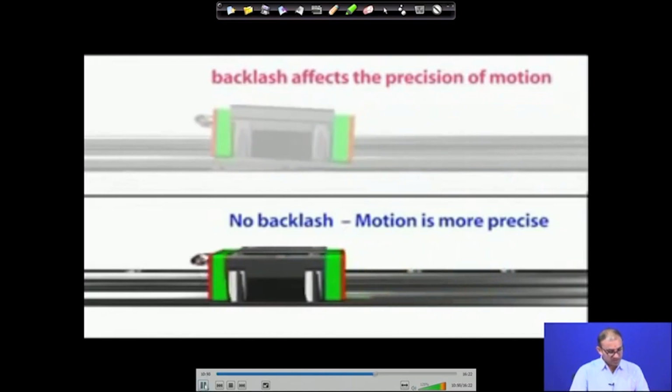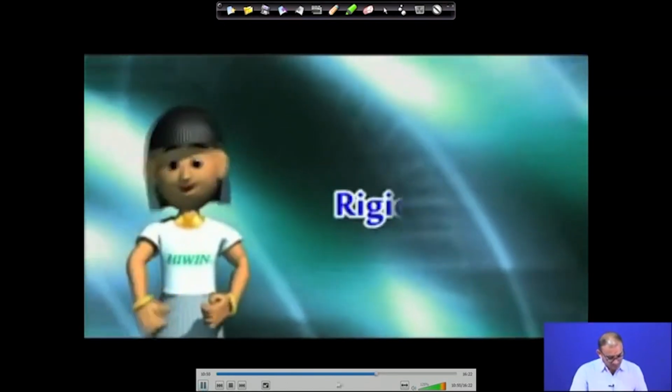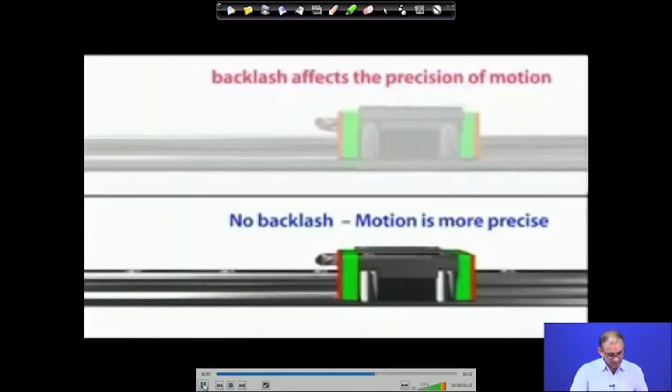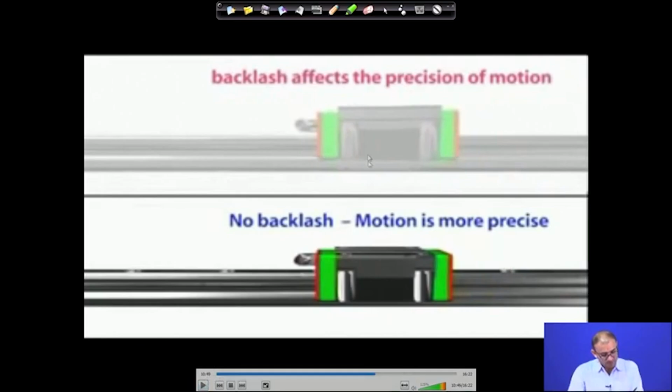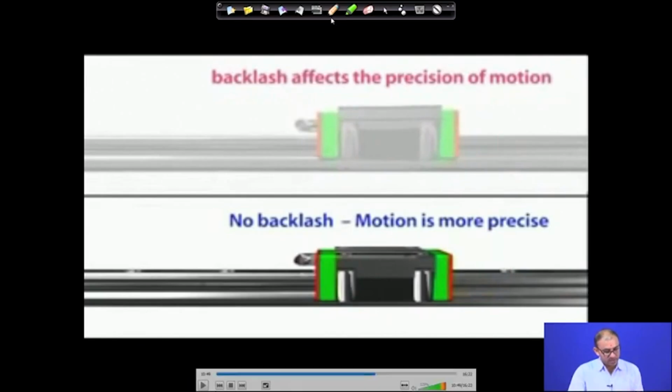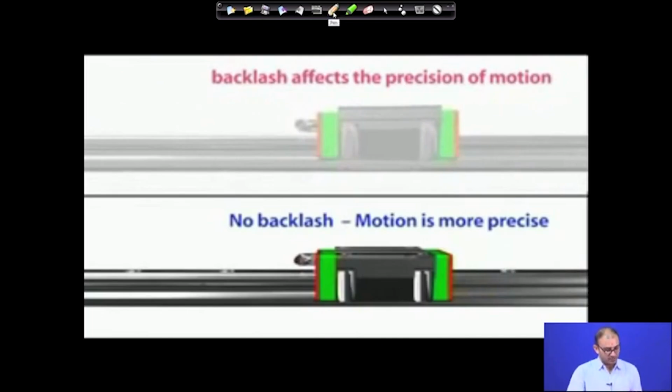Why does this matter? Whatever we are looking at at this location, the way it is moving up and down is a highly exaggerated view, but at a micro level that is also enough to destroy our workpiece geometry. Because if you want to cut a straight line, this is your workpiece and you want to cut one slot here, if it has a backlash, then what you are cutting is something like this.